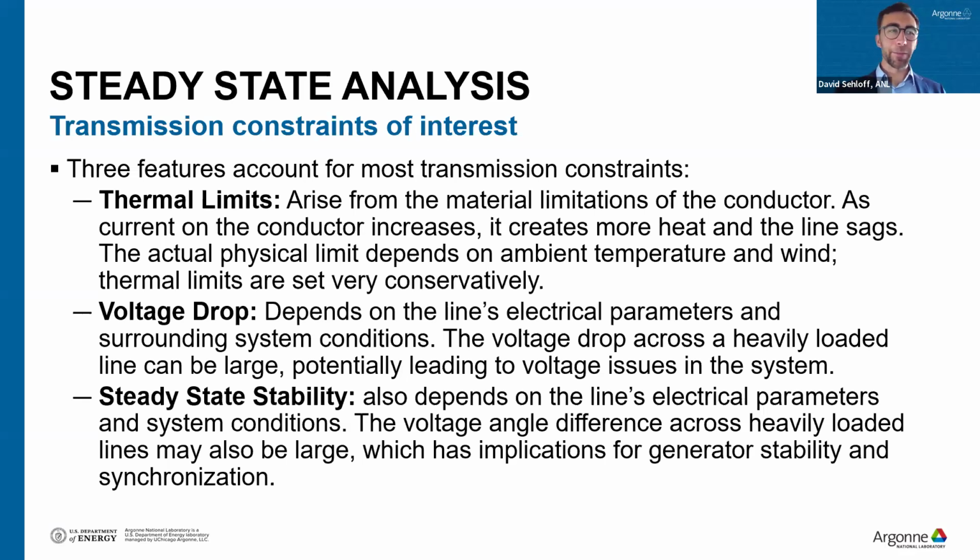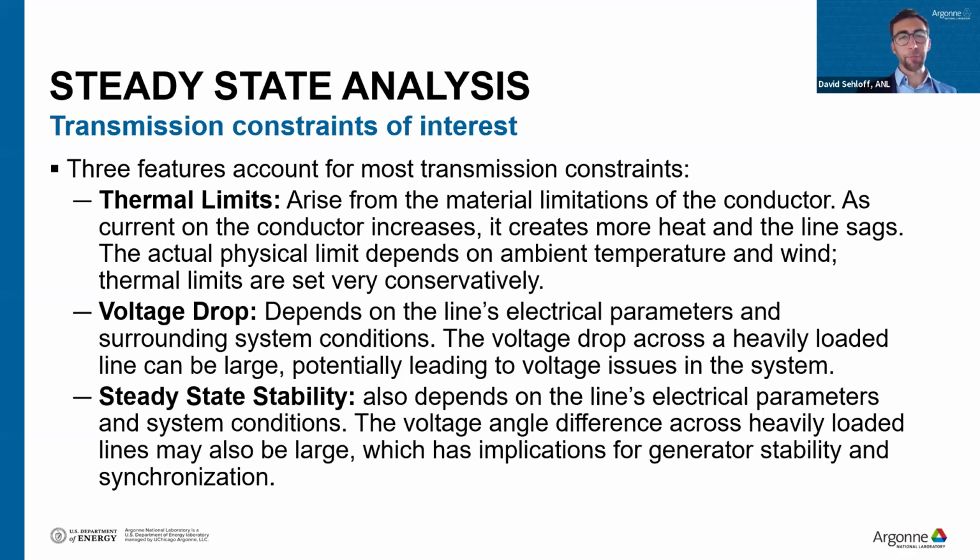Why would we need to upgrade the transmission system? So thermal limits are one that comes just from the material limitations of our conductors. So as the current increases, there's more heat, the line sags, it might contact vegetation. These limits also depend on ambient temperature and wind, but typically those limits are set very conservatively.